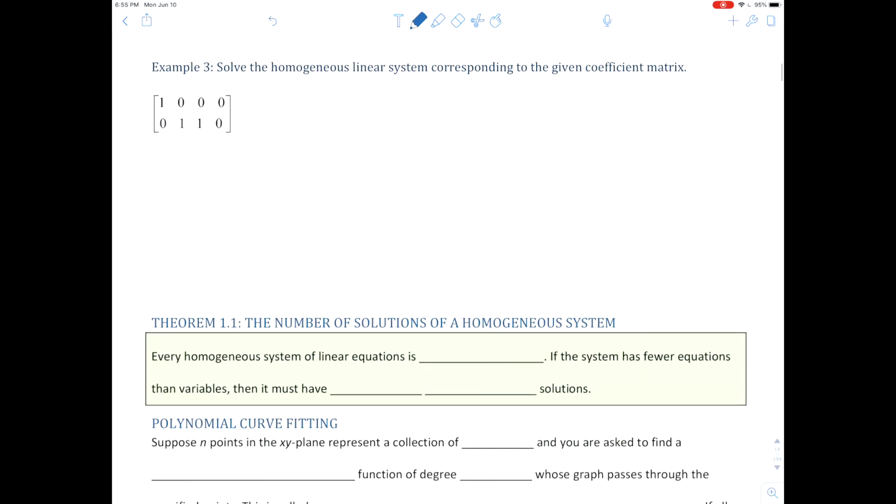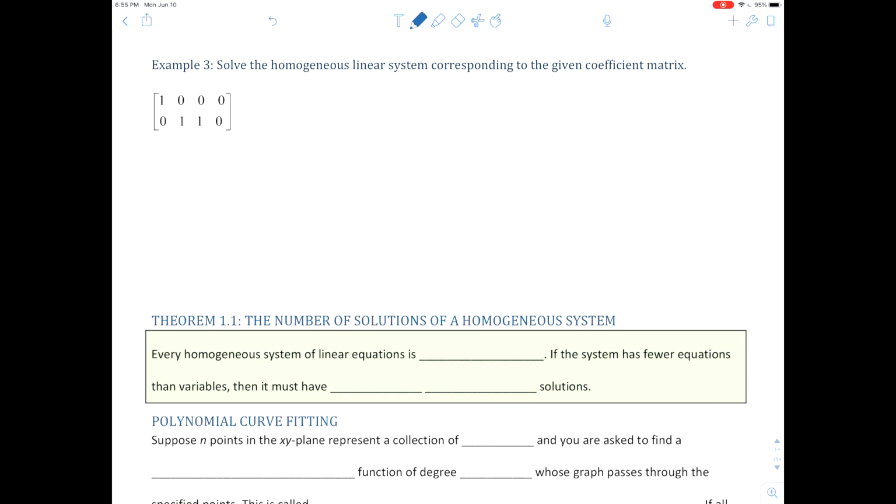Okay, so next up, let's look at this example. So solve the homogeneous linear system corresponding to the given coefficient matrix, okay? So this is not augmented, all right? So one thing that a person could do if you wanted to is you could rewrite it with the augmented, and you have to know what homogeneous means, don't you, in order to do that.